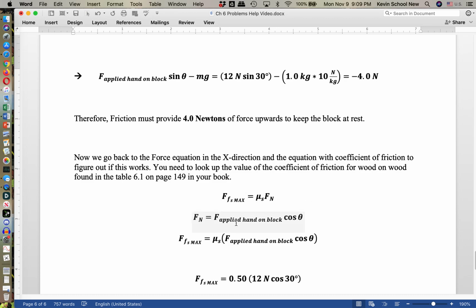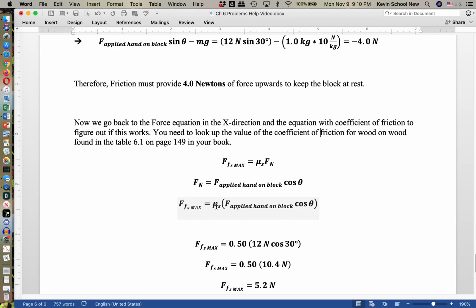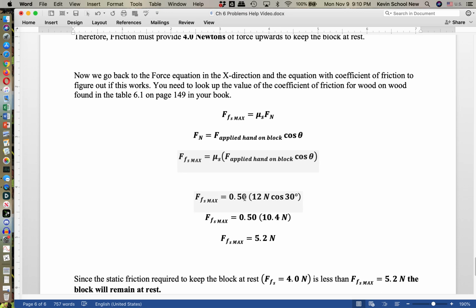So normal force is from before the applied force on the block times cosine of the angle. So my friction max is equal to mu times the applied force of the hand on the block times cosine of the angle between them. So the number for a wood surface coefficient of friction on another wood surface is 0.5. So 0.5 times 12 newtons times cosine of 30 degrees.